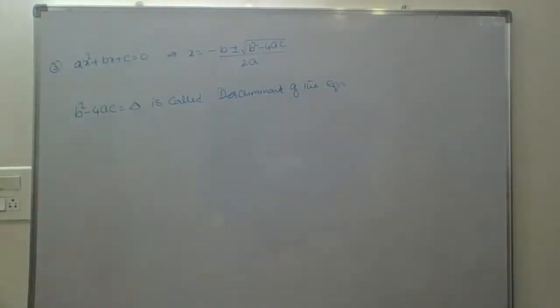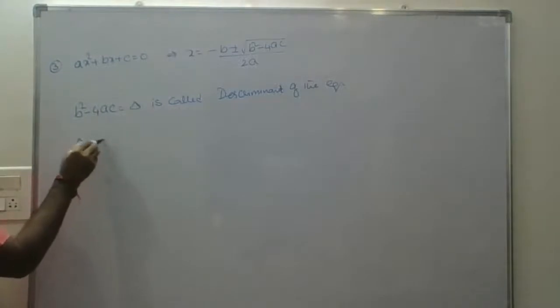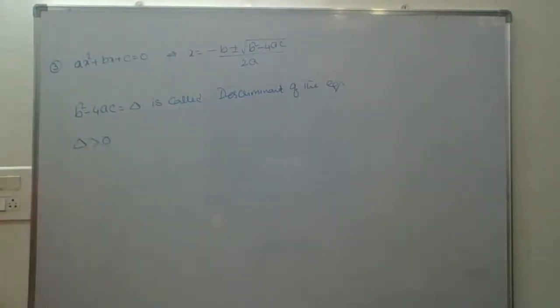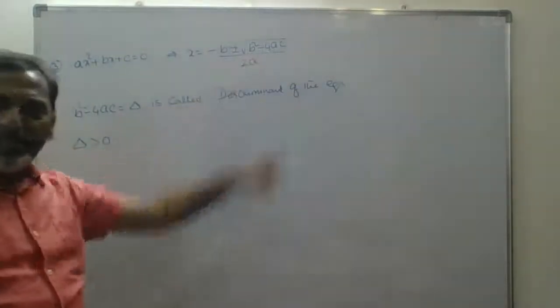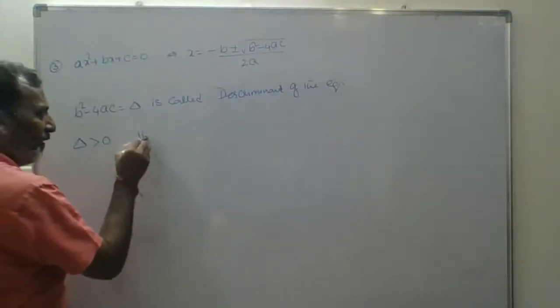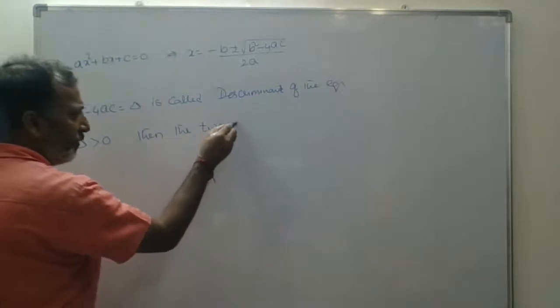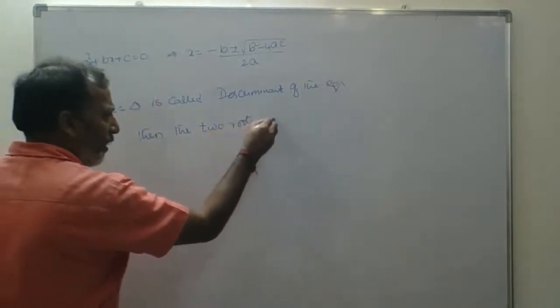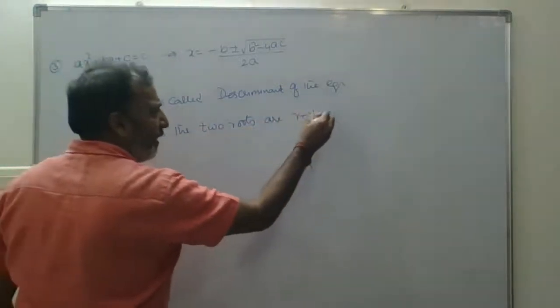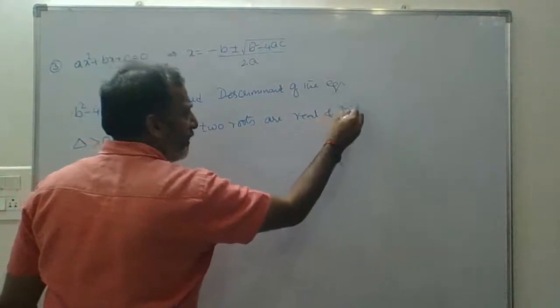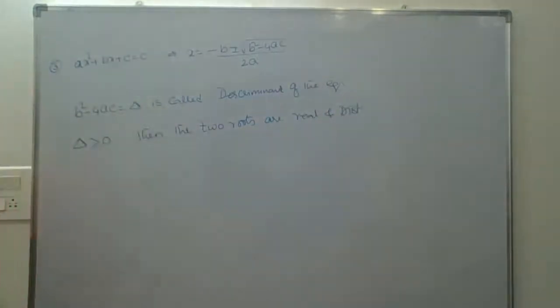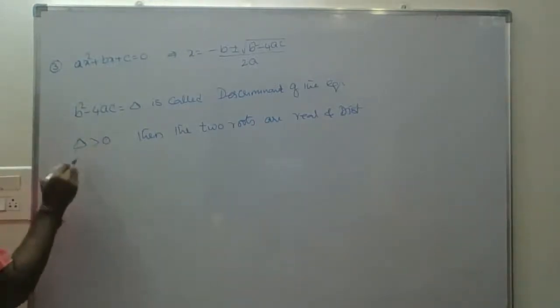Suppose if delta is greater than 0, that is, if b square minus 4ac is greater than 0, then the two roots are real and they are distinct. Real and distinct, two separate roots.